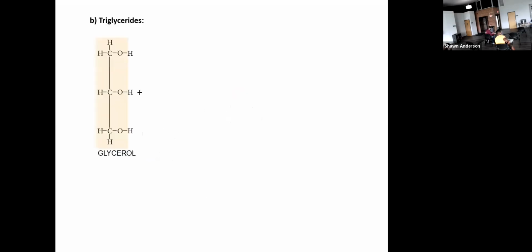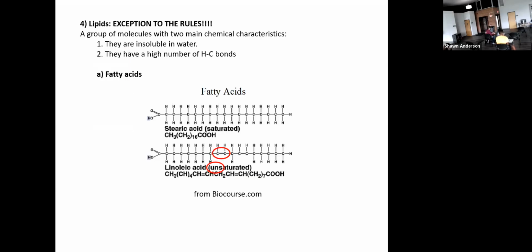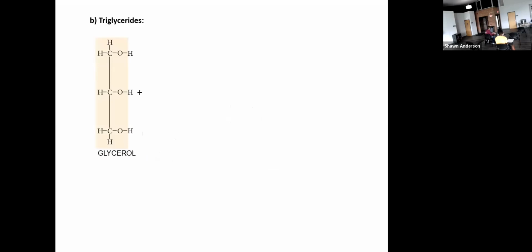Okay, so that's the first thing. So, fatty acids, here they are, saturated, unsaturated. What's their function? Used for energy. Now, you take fatty acids and you combine them to a molecule that's called glycerol.